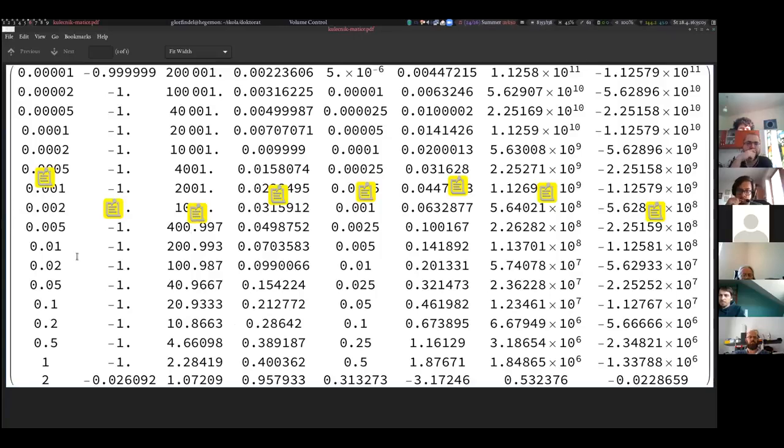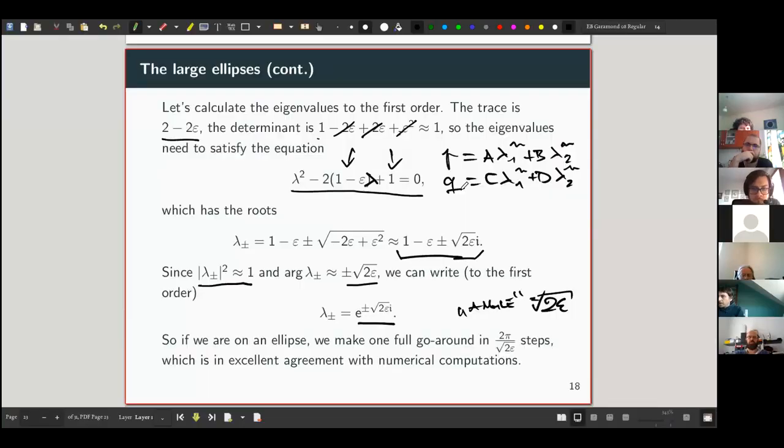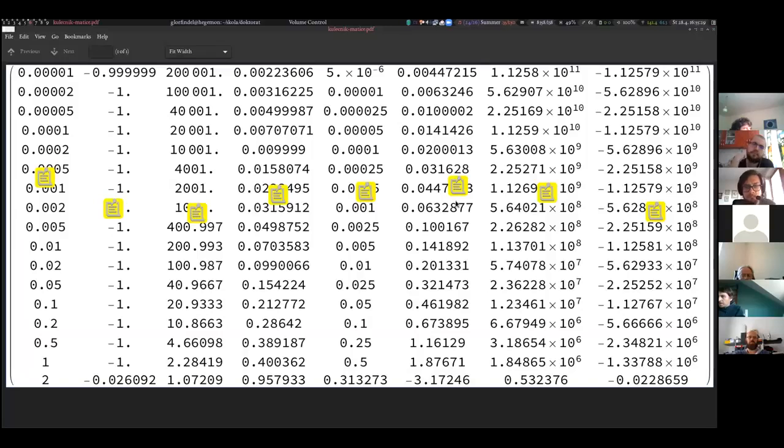And here are some parameters of the ellipse. And one parameter in particular that we are interested in is this column, because this shows precisely this angle that is between each two neighboring points on the ellipse.